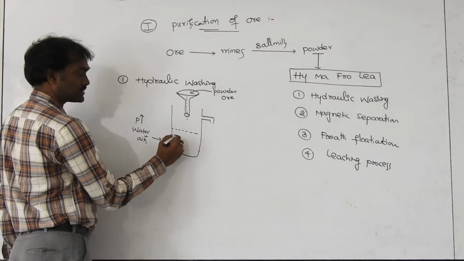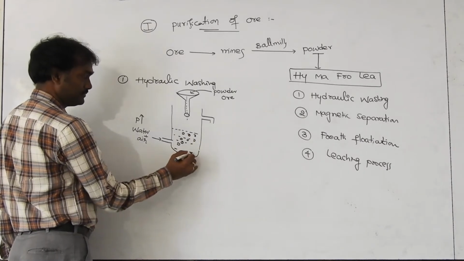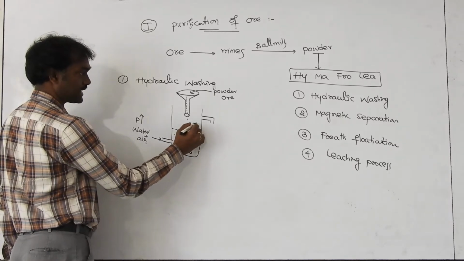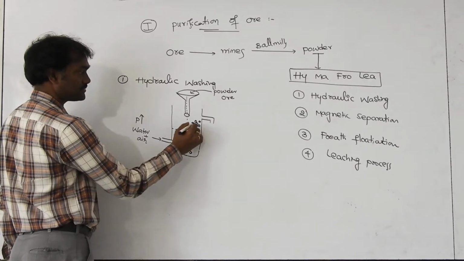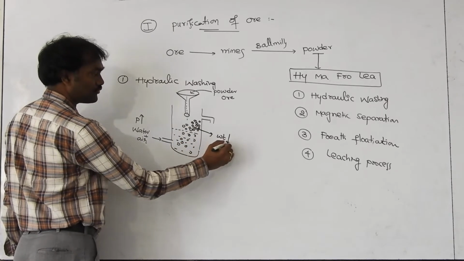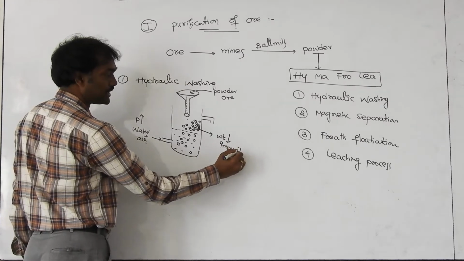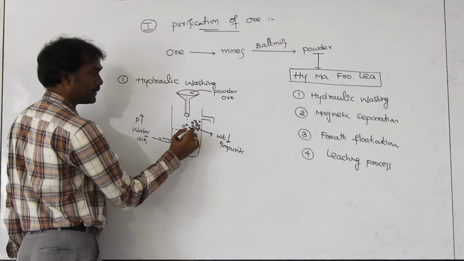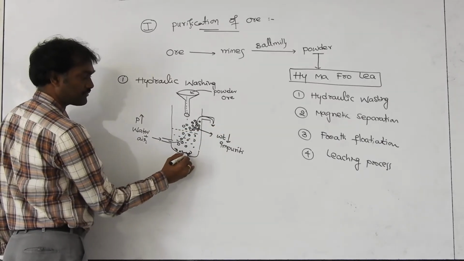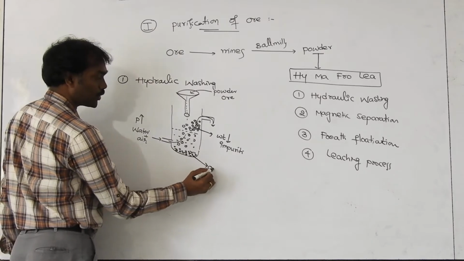Whatever dust particles are present become slag or waste material. All the lightweight impurities are continuously coming up and moving outside. At the bottom, after some time, it is completely covered with ore.